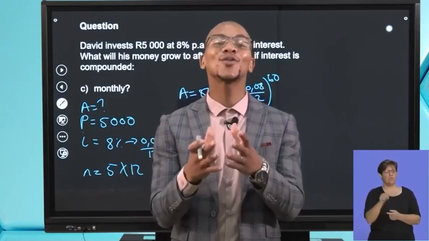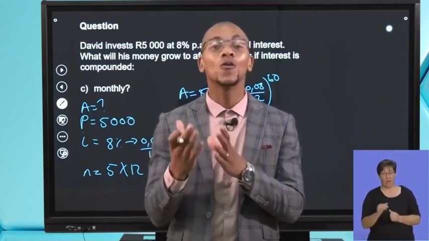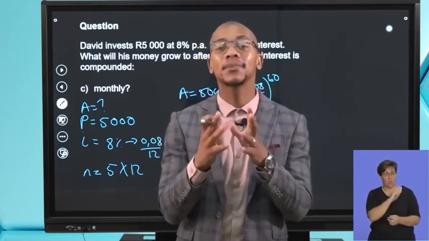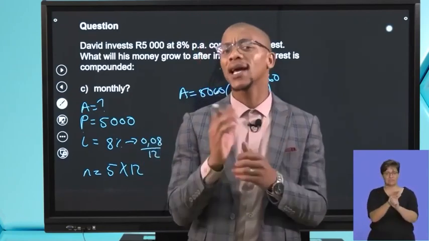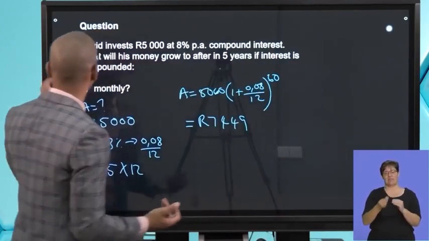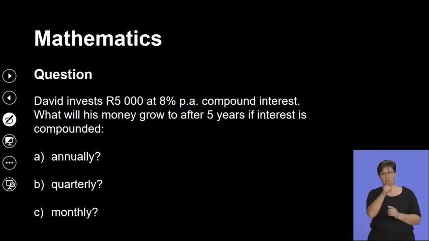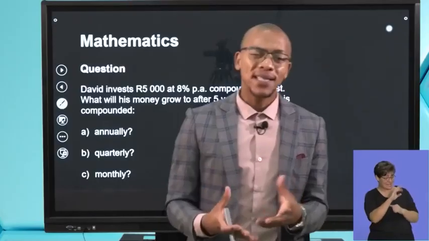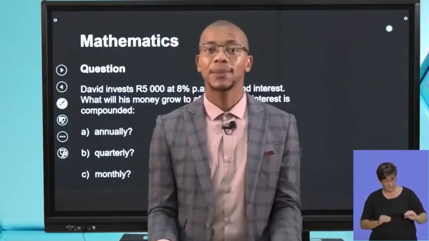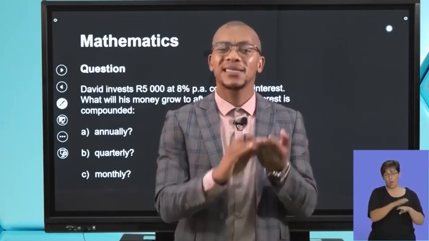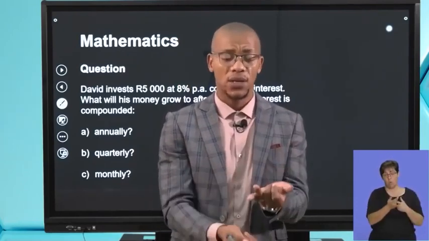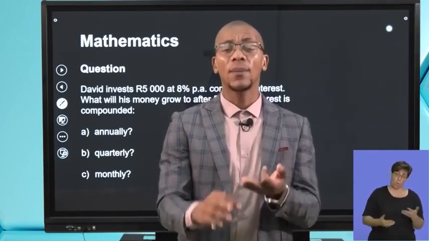Now I'm going to show you exactly what this means when we come back, because this is mainly what we are going to talk about in terms of the nominal and the effective interest rate. So now you can think about whether it is best for David to invest the money with interest given to him annually, or quarterly, or monthly.